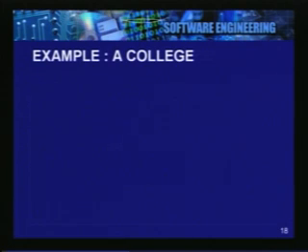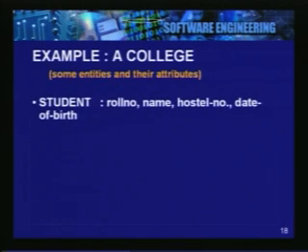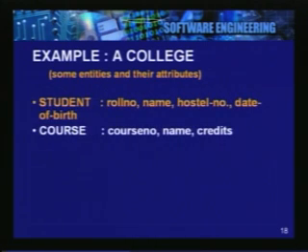Let us look at an example which is taken from a university or a college situation. We will identify a few entities and their attributes. Many of these are obvious and you will be able to understand them quite easily. So, here is a student entity with the attributes roll number, name, hostel number, date of birth. Here is a course entity which has attributes course number, name, credits for the course.